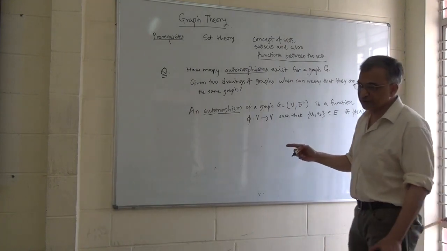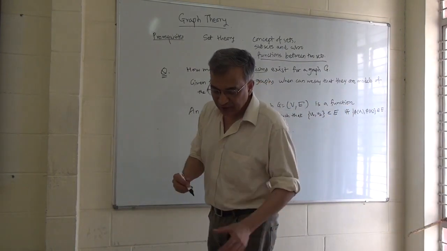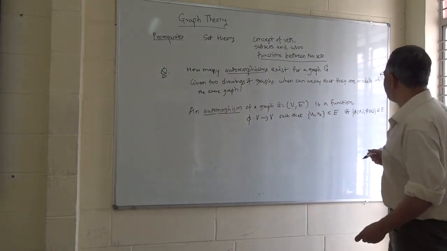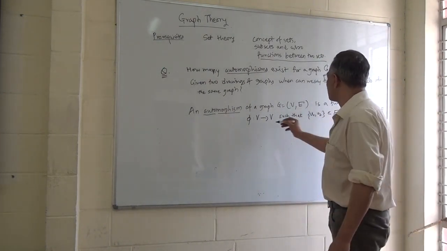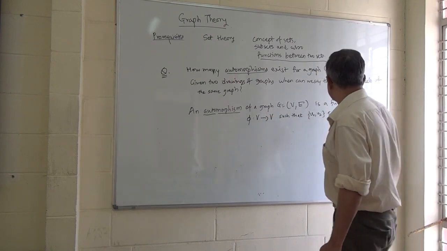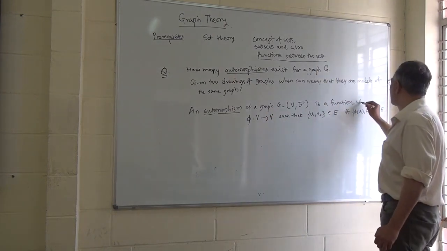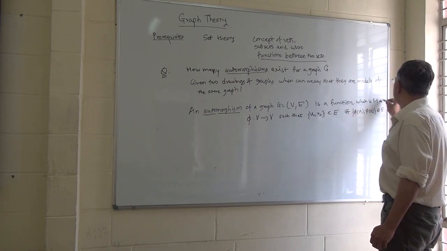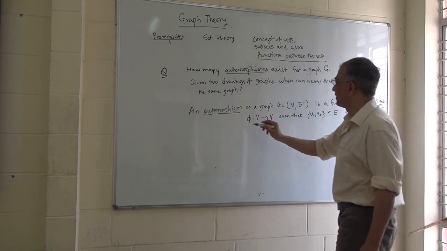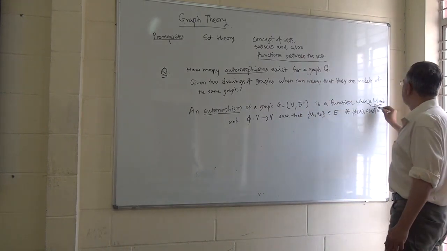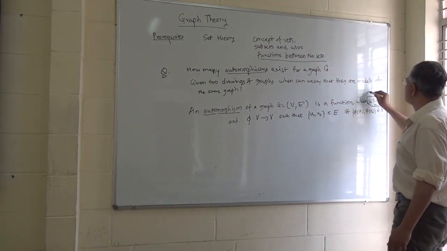So if you look at those examples, we have just modified the various numbers. So an automorphism is a function which is isomorphic, which is 1-1 and onto. So this is also important.